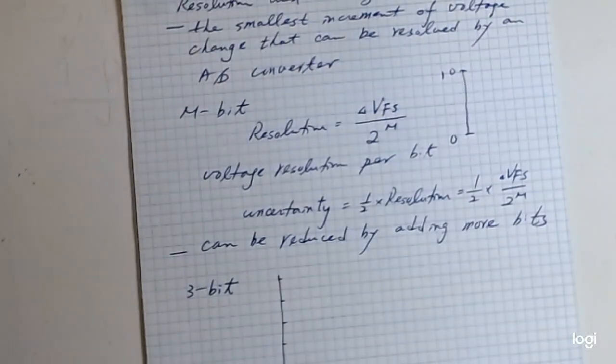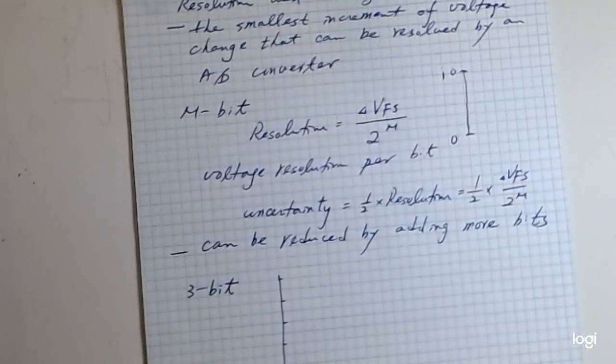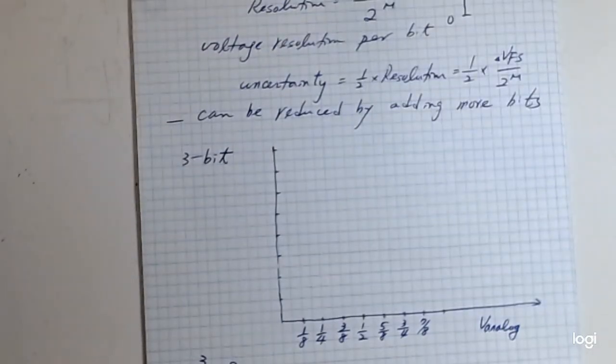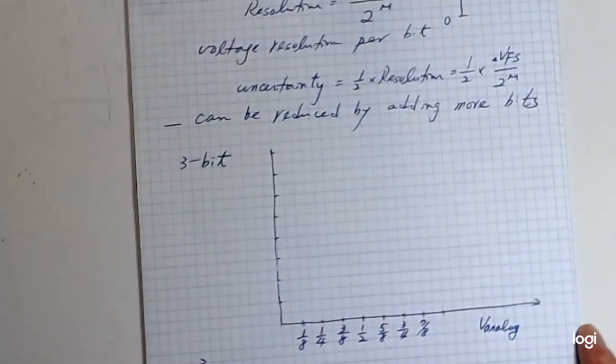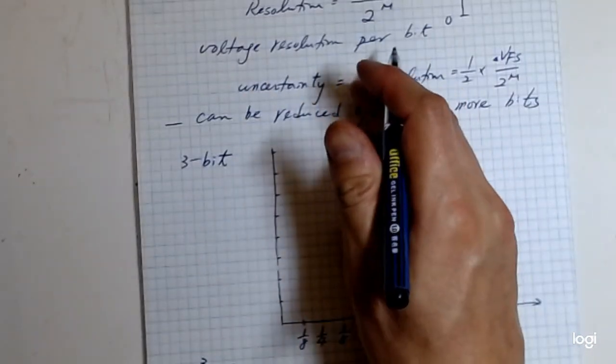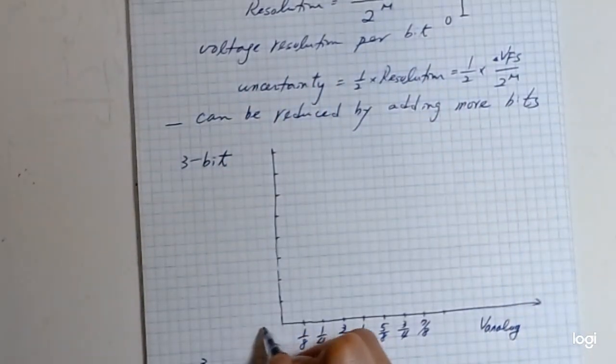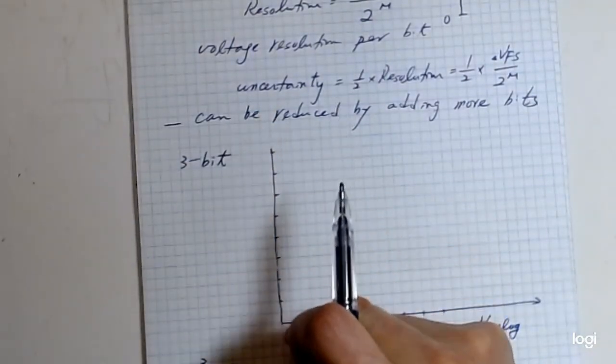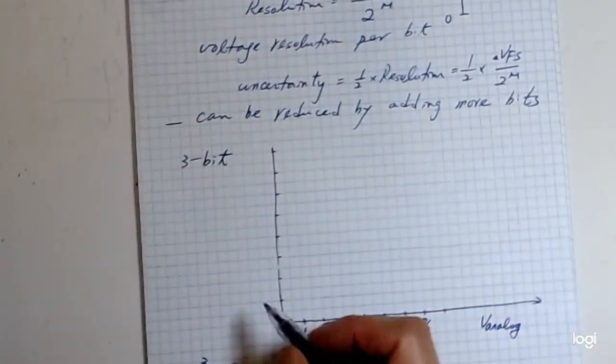So 1/8, 2/8, that's 1/4, 3/8, 1/2, 5/8, 3/4, 7/8, and these are analog. From the binary part, you will have 0 to 7.